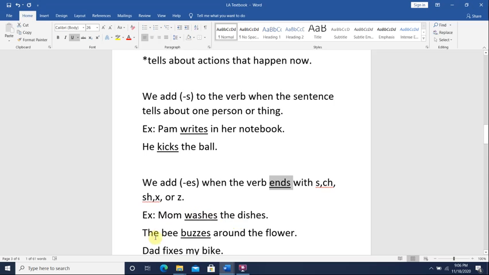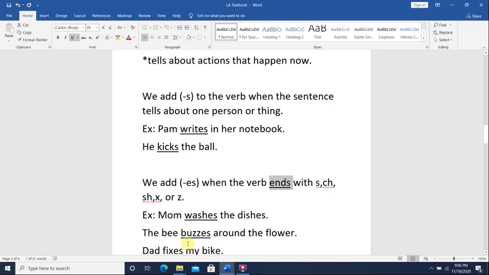Number 2, the bee buzzes around the flower. The bee, how many bees? Only one. So the subject is about the bee, and the verb is buzz. Because buzz ends with Z, we add ES to the verb to show that it's in the present tense.